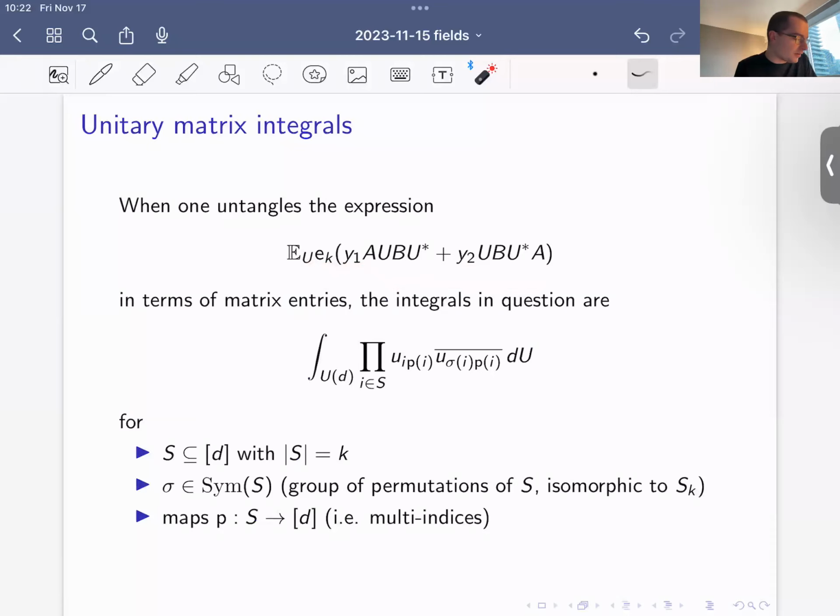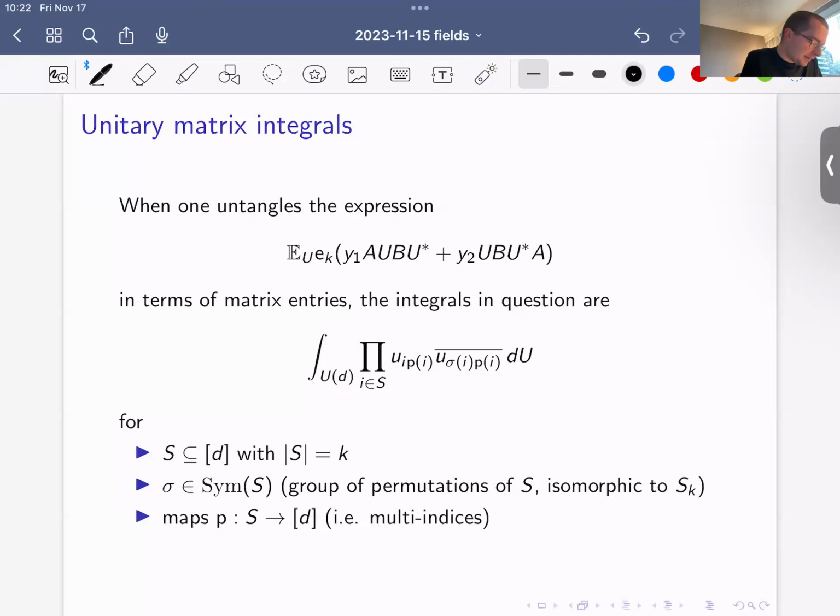And so when you untangle this in terms of matrix entries, you get these very complicated formulas, but the integrals are these integrals of matrix entries, right?